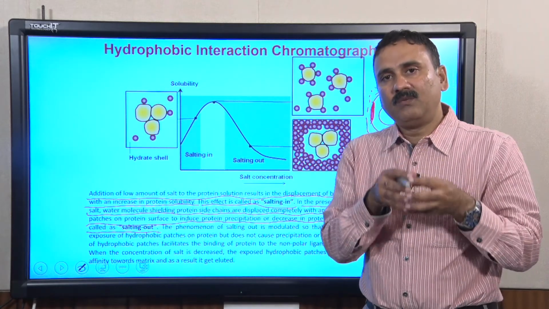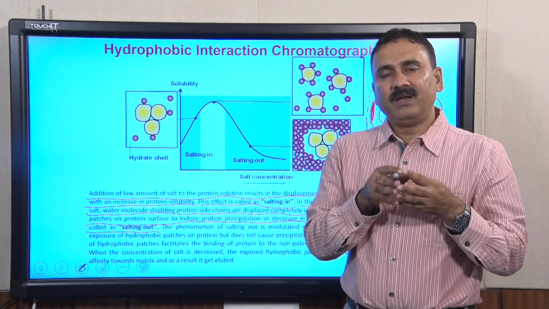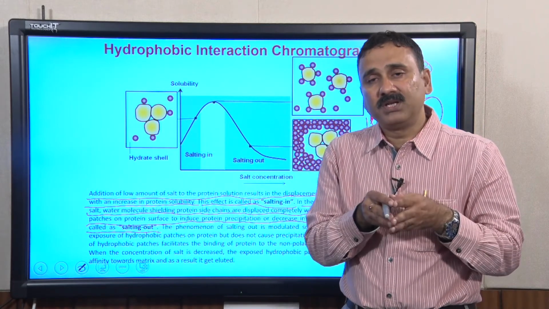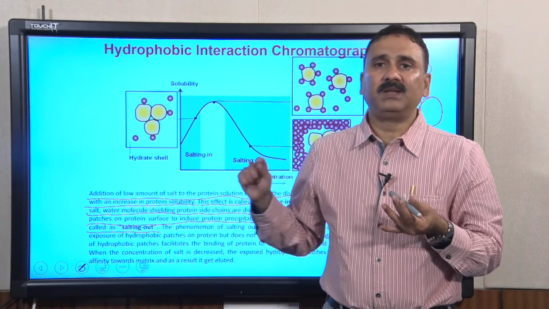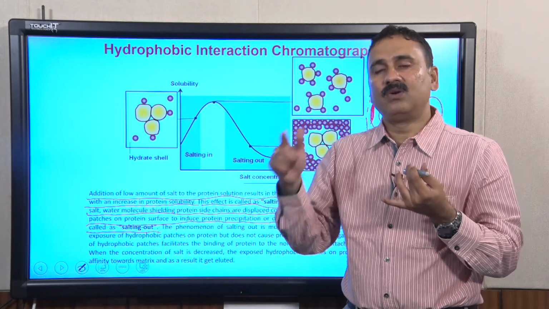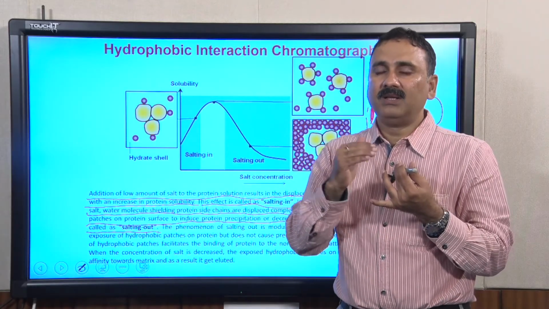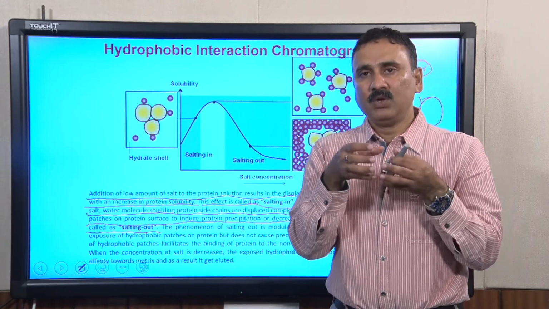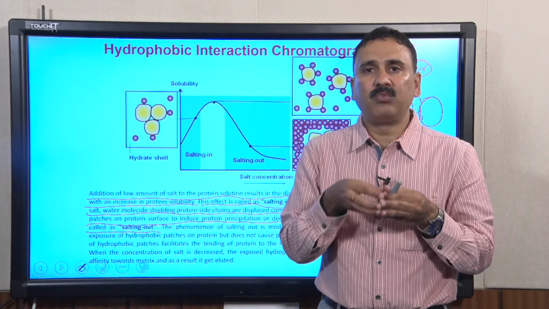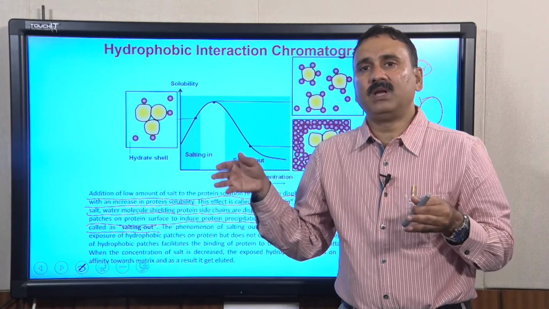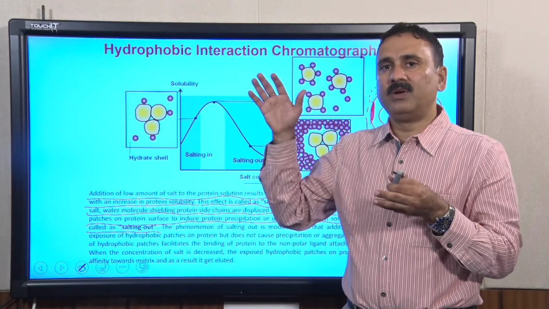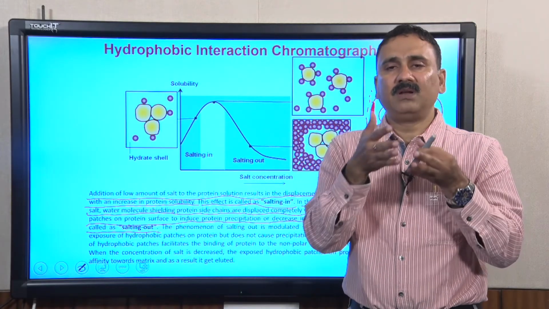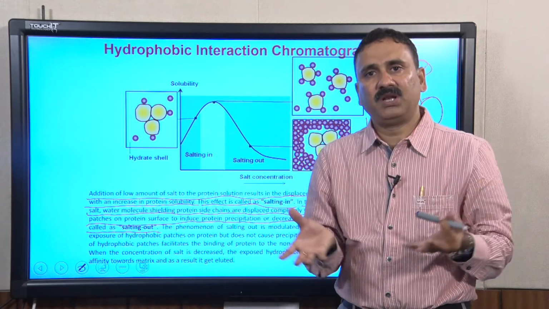This has always been done in very traditional protein purification approaches, where people use these salts and the salting out methods to precipitate the protein in a differential manner. For example, if you have a complex protein mixture, you can use salting out as an approach to purify the different proteins, because every protein is going to have a different amino acid composition, and accordingly a different amount of hydration shell present outside.